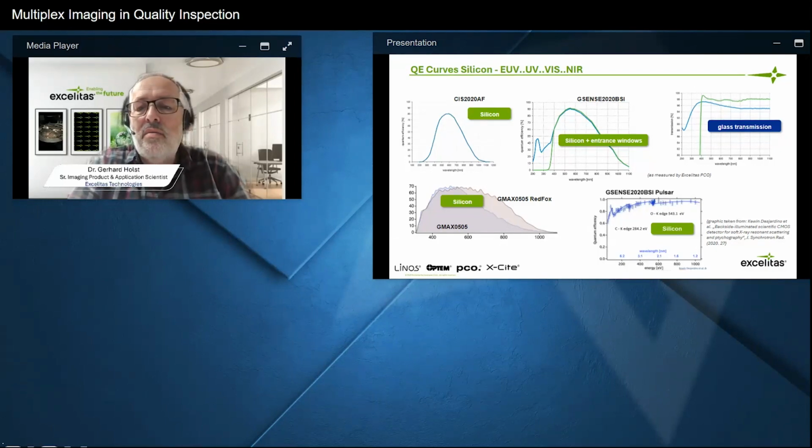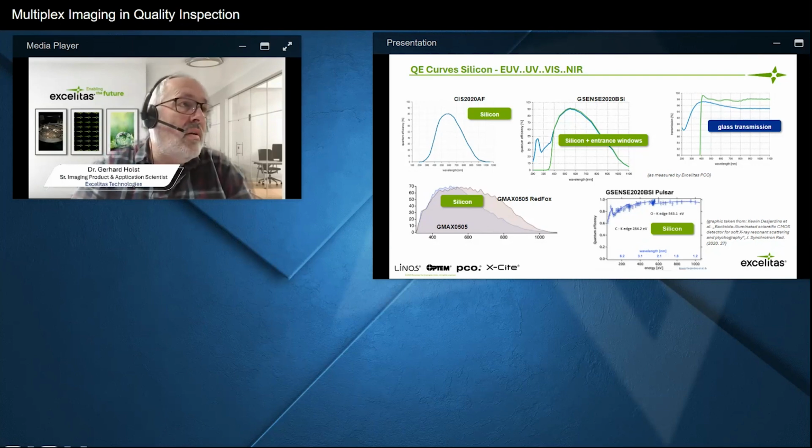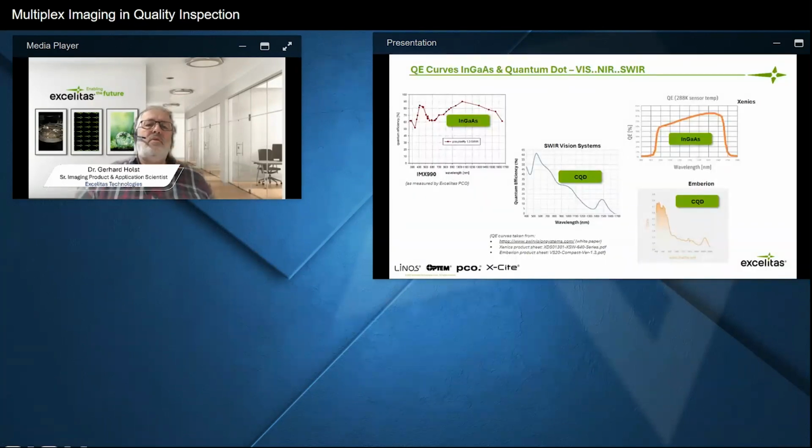The overall quantum efficiency is maybe worse compared to the visible part, but nevertheless, now the sensitivity goes down to extreme UV or soft X-ray. Another potential material for these types of image sensors is indium gallium arsenide, or silicon sensors with an additional conversion layer made of quantum dots.